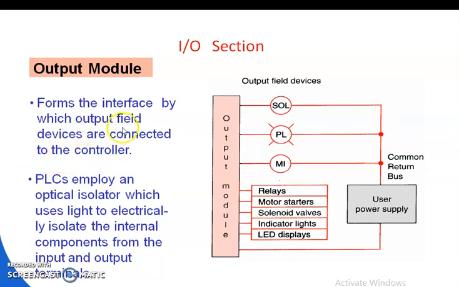This forms the interface by which the output field devices are connected to the CPU. The PLCs employ an optical isolator which uses light to electrically isolate the internal components from the input and output terminals.